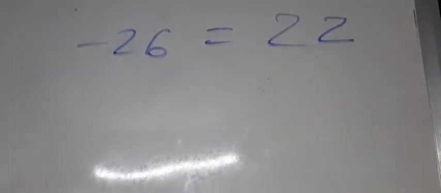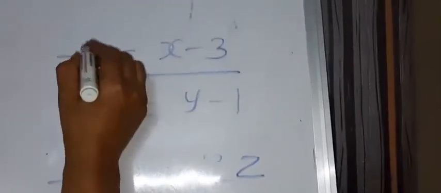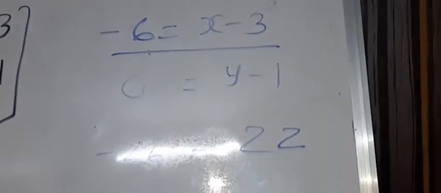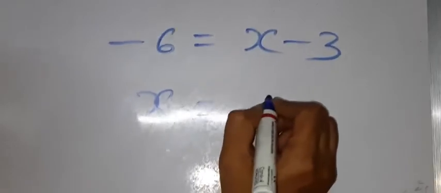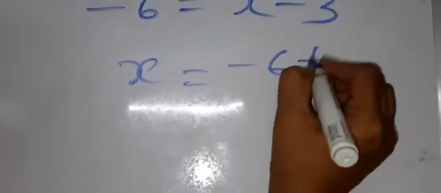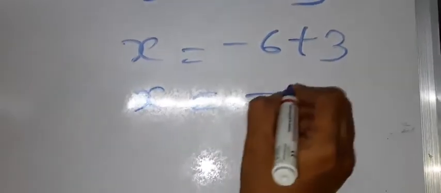Using equality of matrices we can write: minus 6 equals x minus 3, 0 equals y minus 1, minus 26 equals 2z. Using the first equation, minus 6 is equal to x minus 3, x is equal to minus 6 plus 3, so x is equal to minus 3.